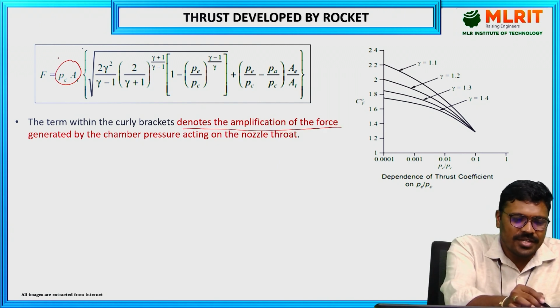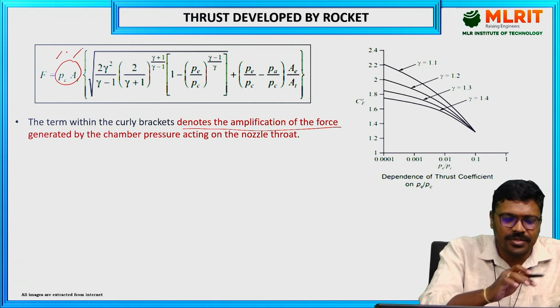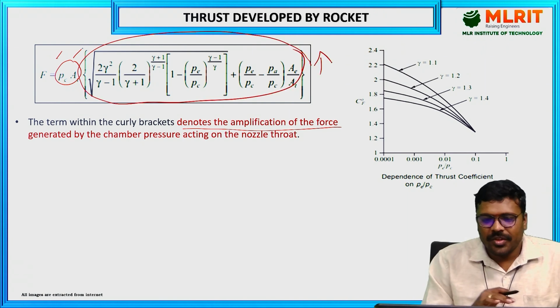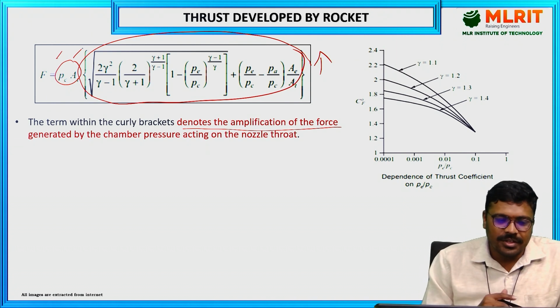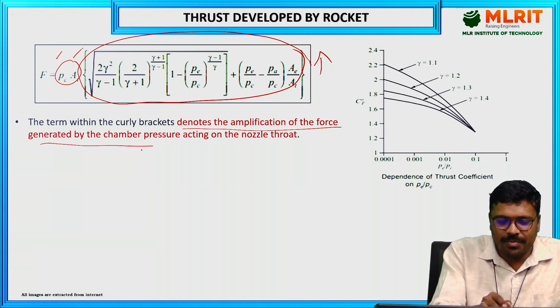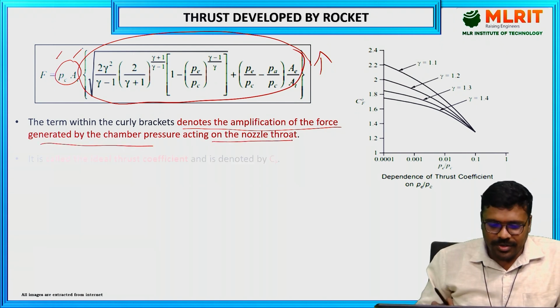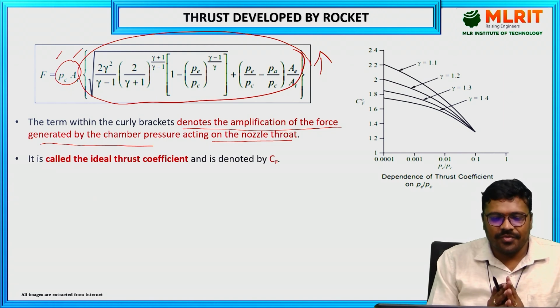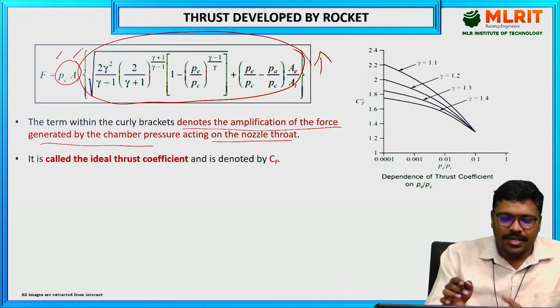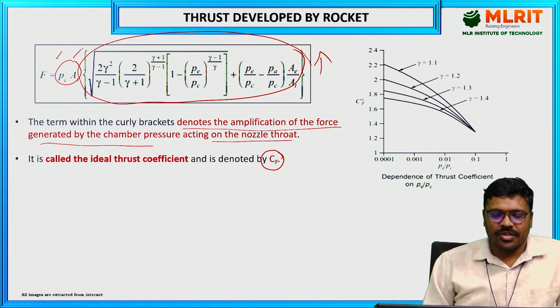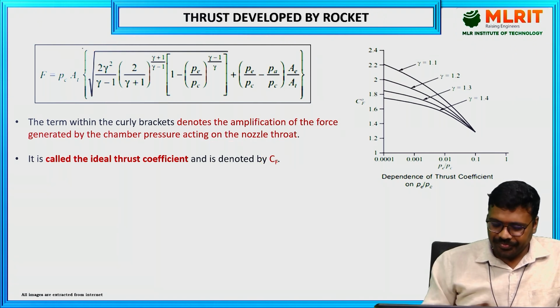Pc is the pressure and At the area, so that is the actual force, and whatever is in the curly bracket amplifies the force generated by the chamber pressure acting on the nozzle throat. So this is called the ideal thrust coefficient, and the symbol for this is CF.